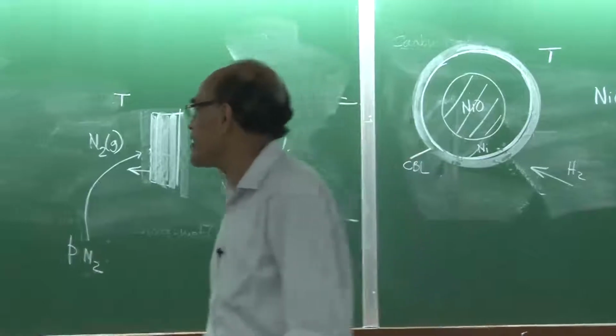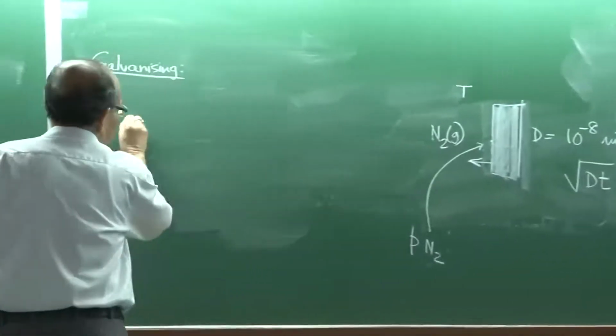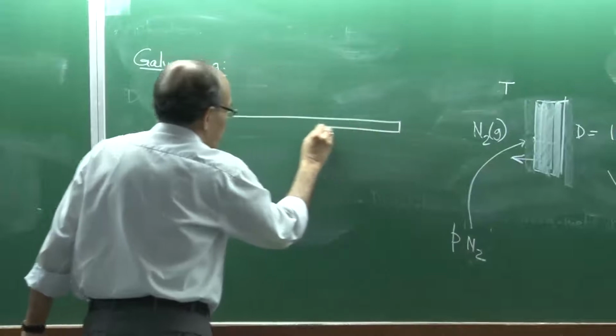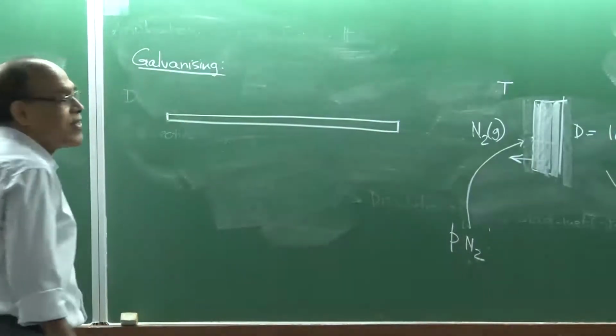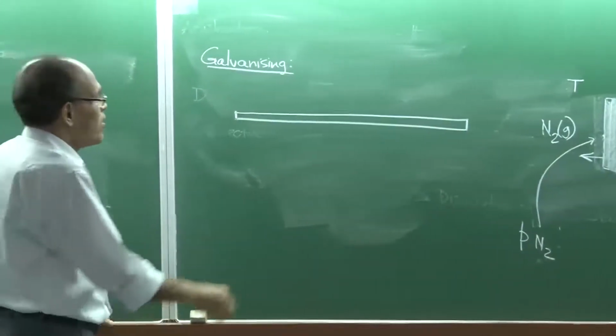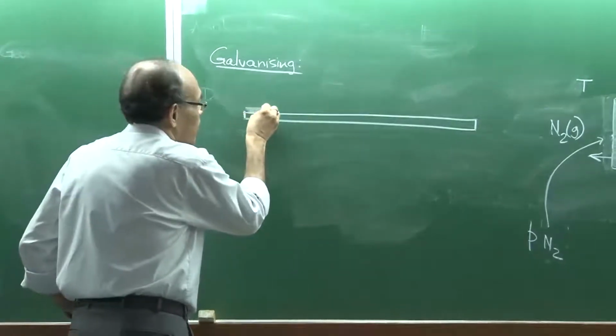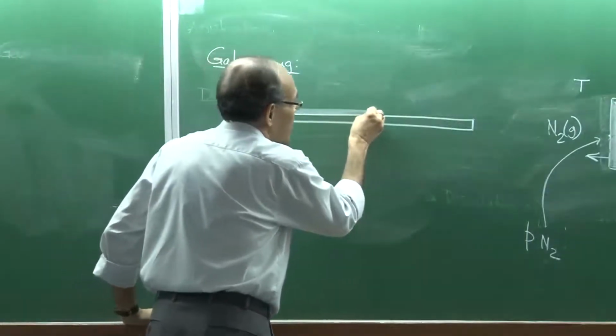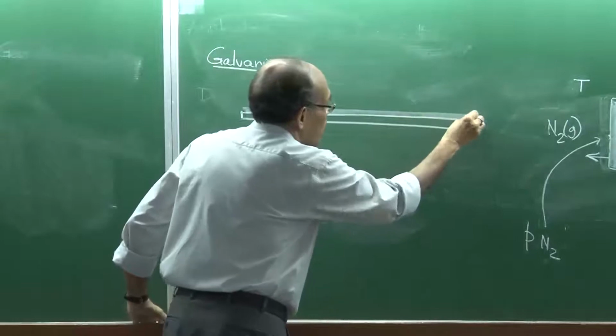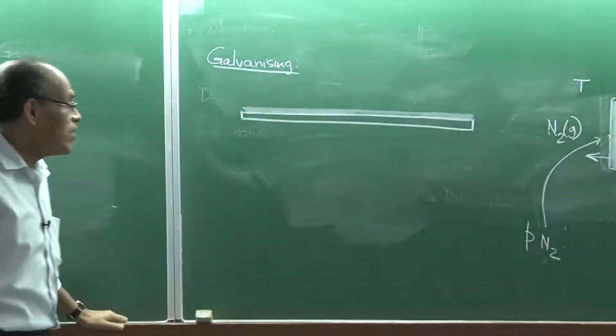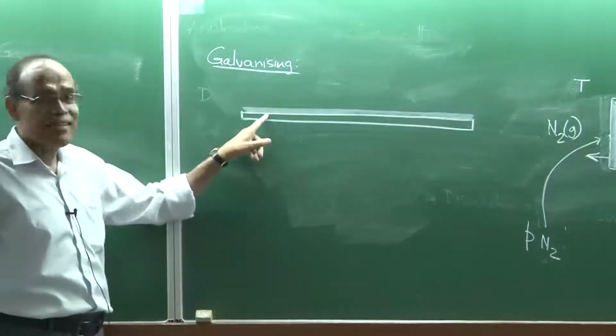And then what happens is that if you have a plate like this and it is moved through a zinc bath at a certain temperature, a layer of zinc forms. This is an exaggerated figure, this could be not even millimeters, okay? This could be micrometer thin.